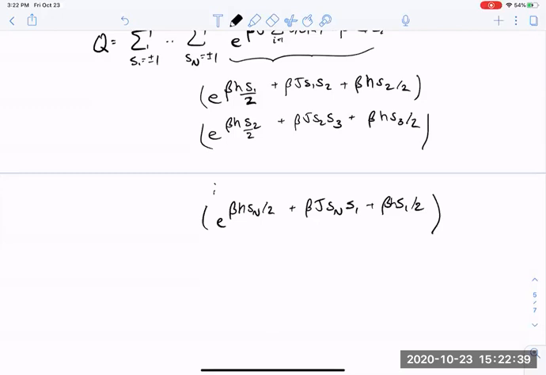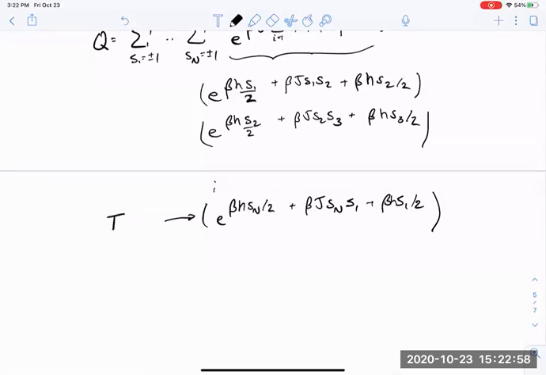And each term in the parentheses has two dependent quantities. This term depends on the value of Sn and the value of S1, for example.